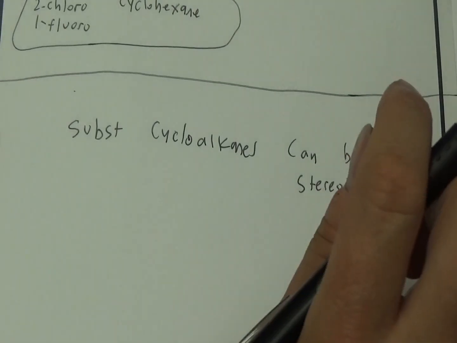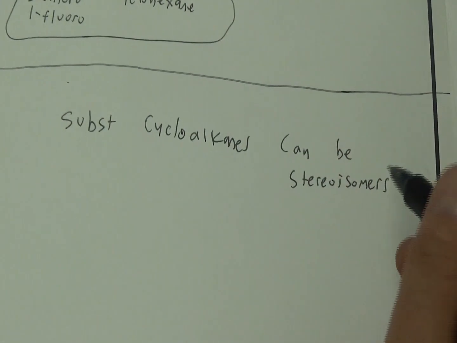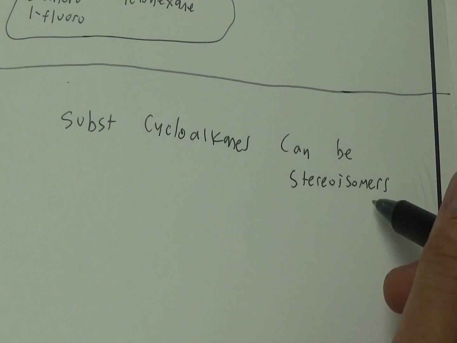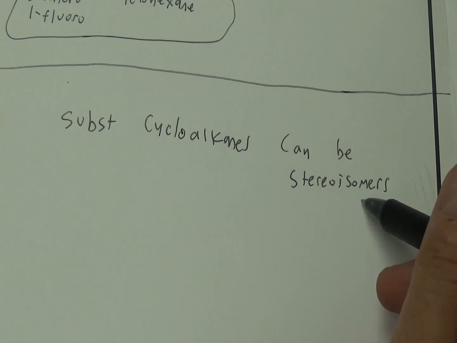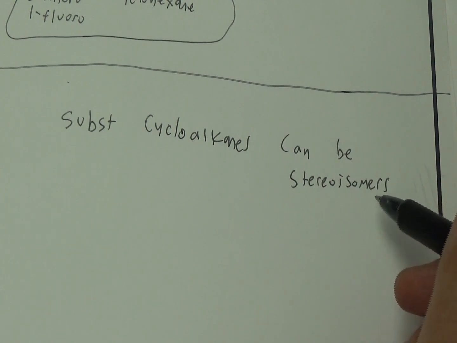They can be stereoisomers, and what do we know a little bit about the concept of stereoisomerism? What's the basic concept of stereoisomerism? It's the three-dimensionality.